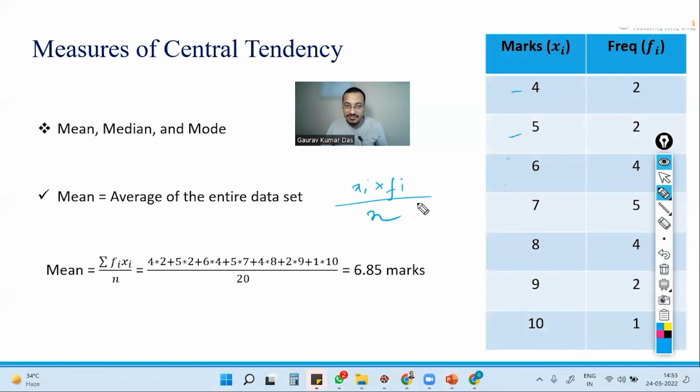That's it. Even if we had done 4 plus 4 plus 5 plus 5 plus 6 plus 6 plus 6, that's the same thing. Here, to reduce the effort, I've calculated the frequency, multiplied the frequency with the unique X values, and then divided by the total frequency. Same thing.